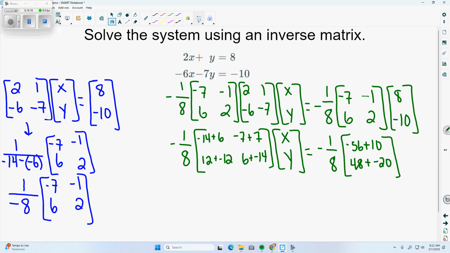Okay, quick check. I've got a good gut feeling about what's about to happen here on the left. Let's hope my signs shake out okay here.